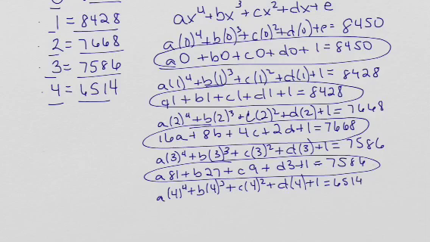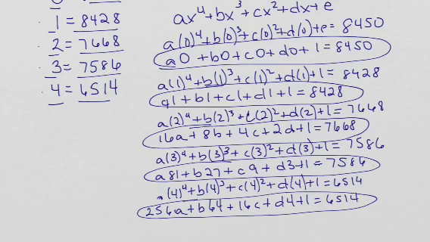So 4 to the 4th is 256. 4 cubed is 64. 4 squared is 16. And it all equals 6514. So here's yet another equation we can use.